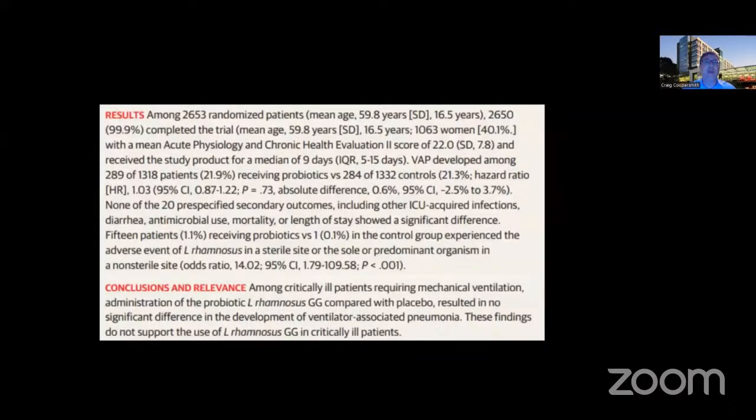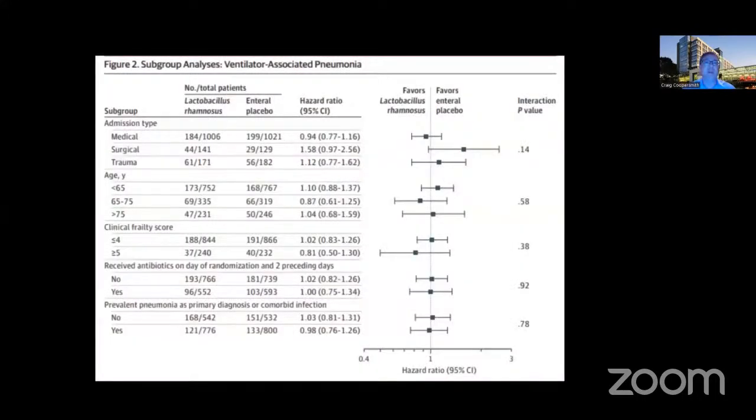And what we see here when we go to the conclusions is, amongst critically ill patients requiring mechanical ventilation, administration of lactobacillus resulted in no difference in the development of ventilator-associated pneumonia, suggesting the results do not support the use of at least this probiotic in critically ill patients.